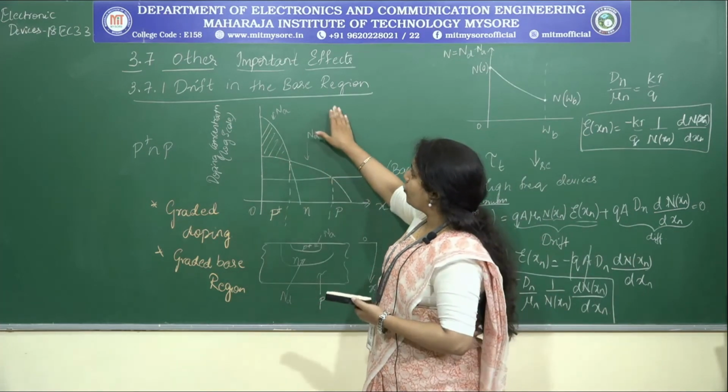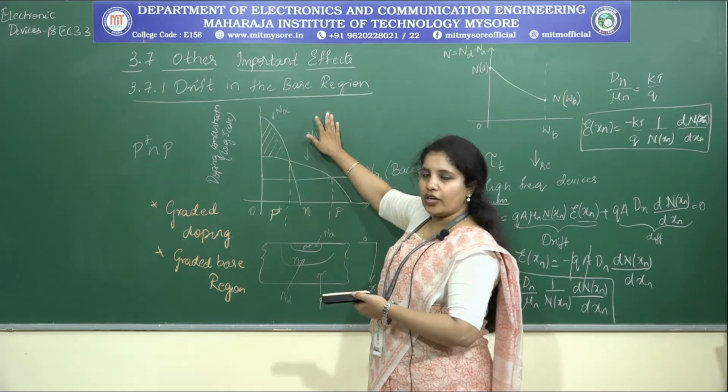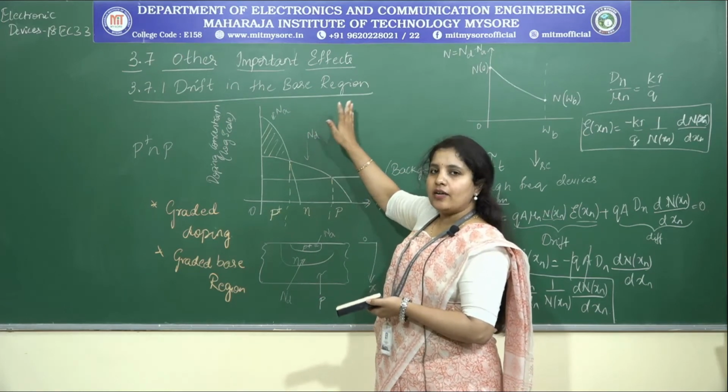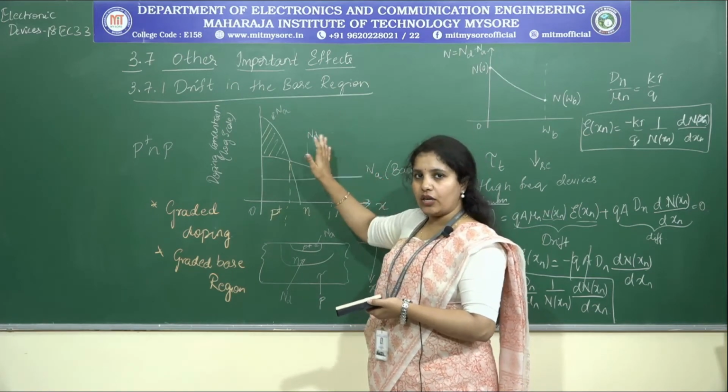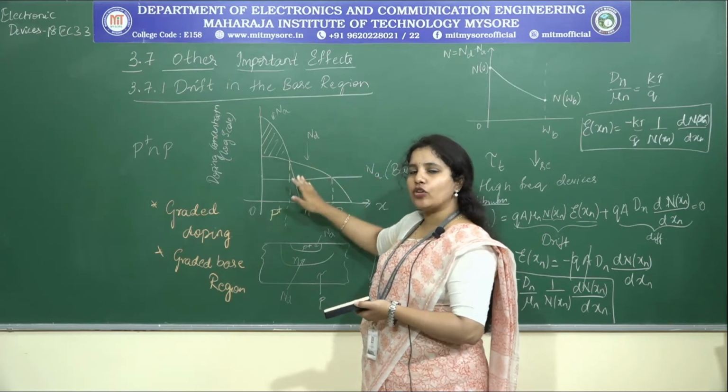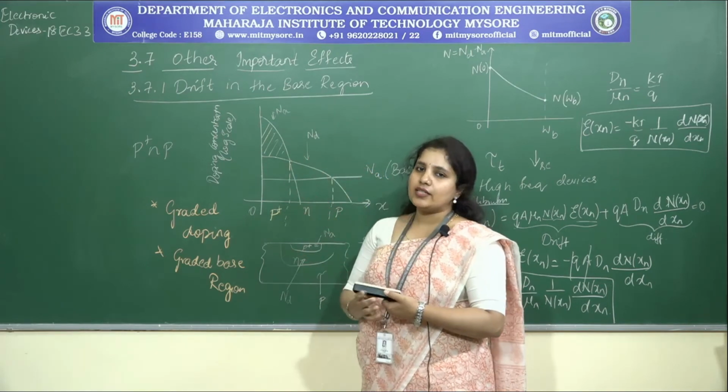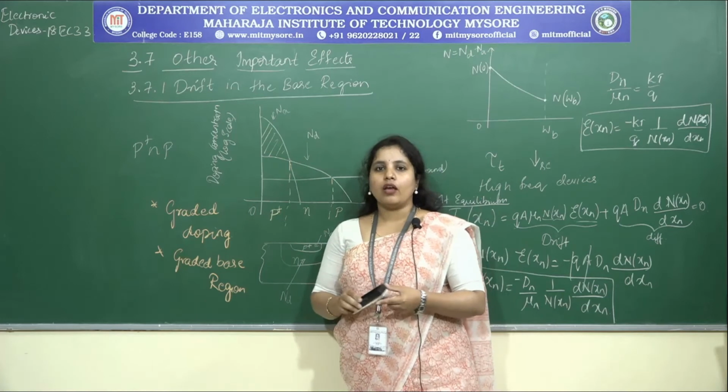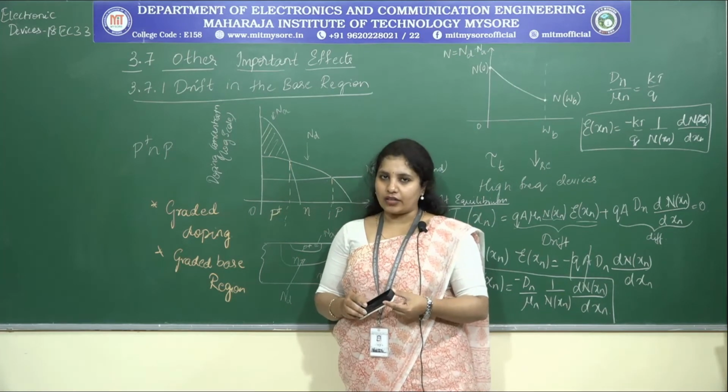So this is regarding the first important factor which relates to the second order effects observed in the BJT. And why is this? Because of the non-uniform doping that is observed in the base region. Now let's look into the second kind of factor.